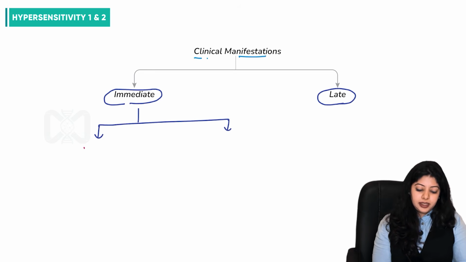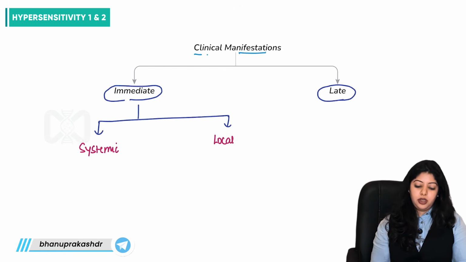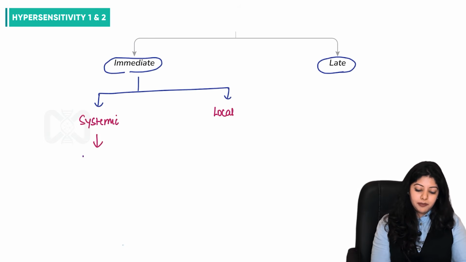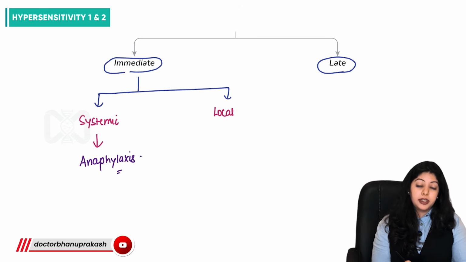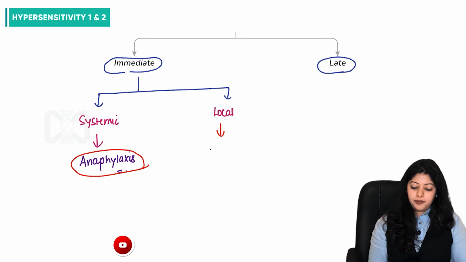One is systemic manifestation, as well as we have local manifestation. What is this systemic manifestation? It is anaphylaxis. So systemic type 1 hypersensitivity is known as anaphylaxis, whereas localized response is known as atopy.